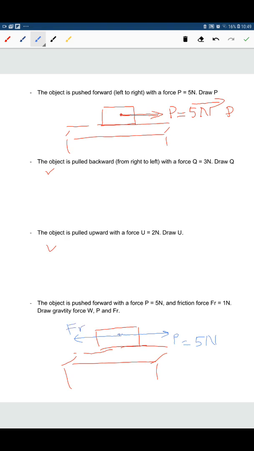I made it too long, but anyway, I've already written down 1 Newton. Now I have a gravity force acting downward, and it is 1 Newton because our object is 0.1 kg.